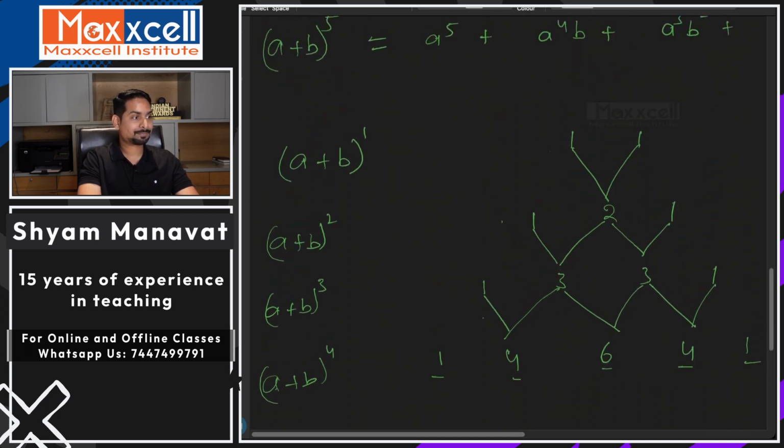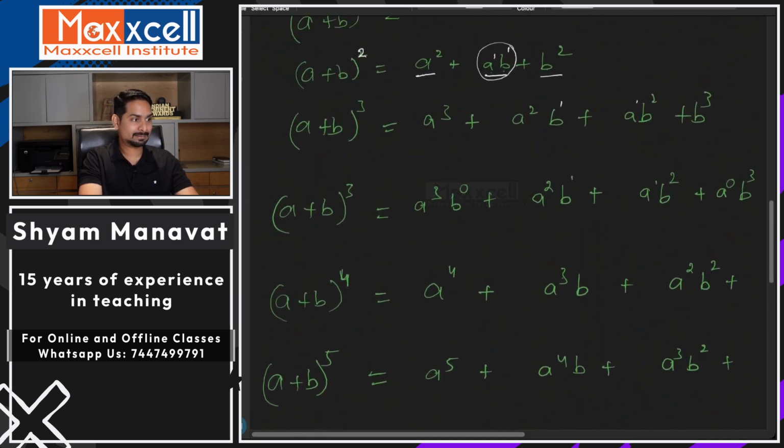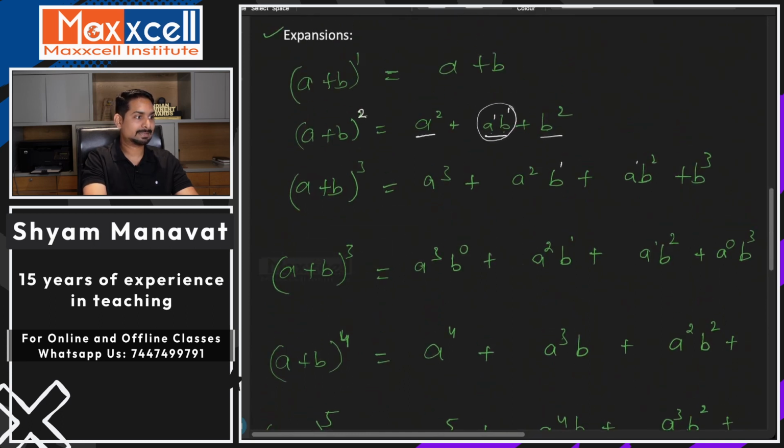So if I want to complete these expansions now, I can say the coefficients. For a plus b we got 1, 2, 1. Coefficient 1 we never write, right? Multiplication by 1 will not make any difference, power 1 will not make any difference, divide by 1 will not make any difference. For cube, a cube plus 3a square b plus 3ab square plus b cube.